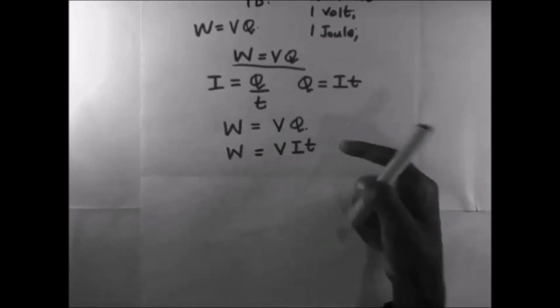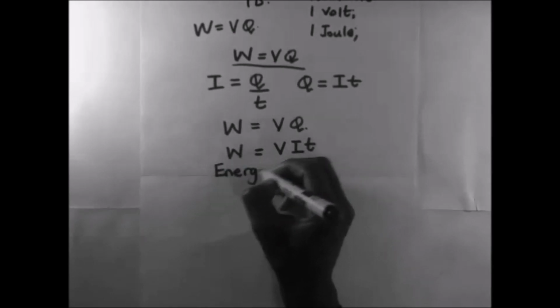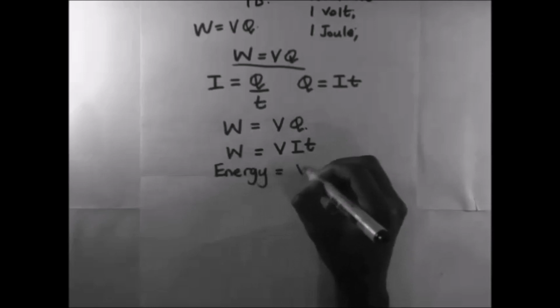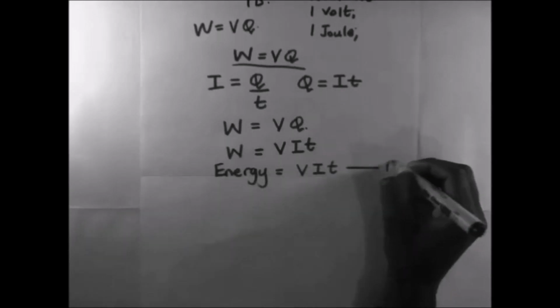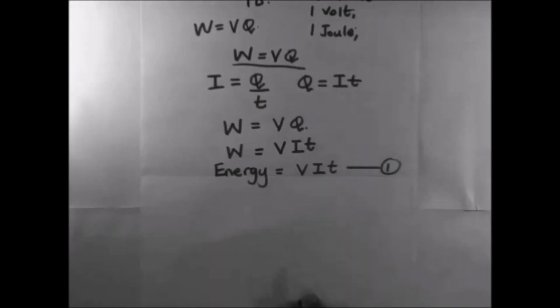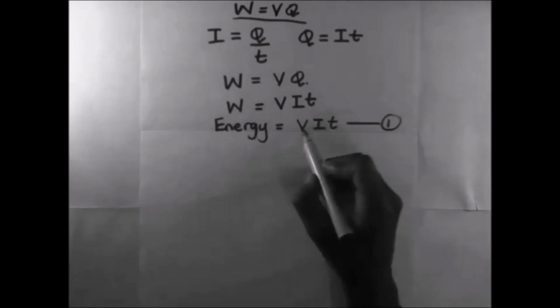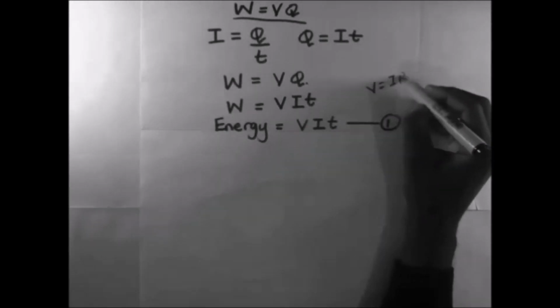And so now this becomes our formula for energy. Energy is going to be V times I times T. That is one formula for energy. We can also substitute for the value of V, remember that V is IR.